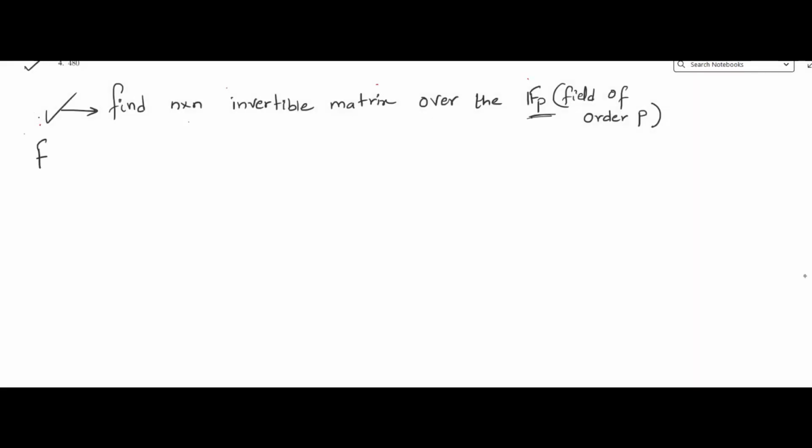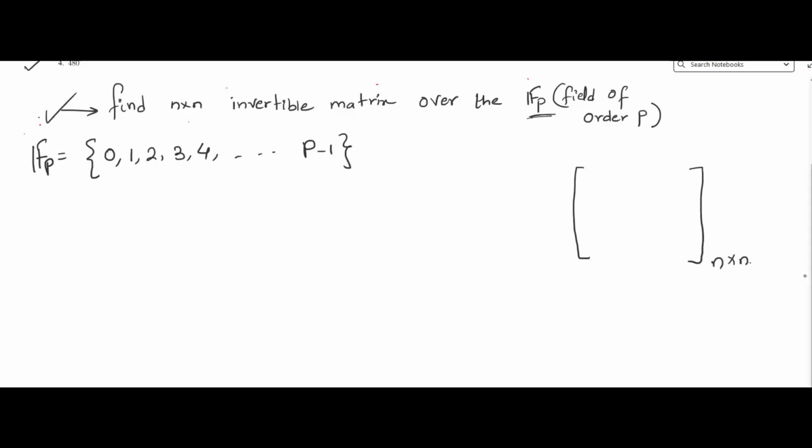We have a field of order p, its elements are 0, 1, up to p minus 1. So p elements are there in this field, and over this field we have to find how many invertible matrices we can form. The order of the matrix is n cross n, that means a square matrix.